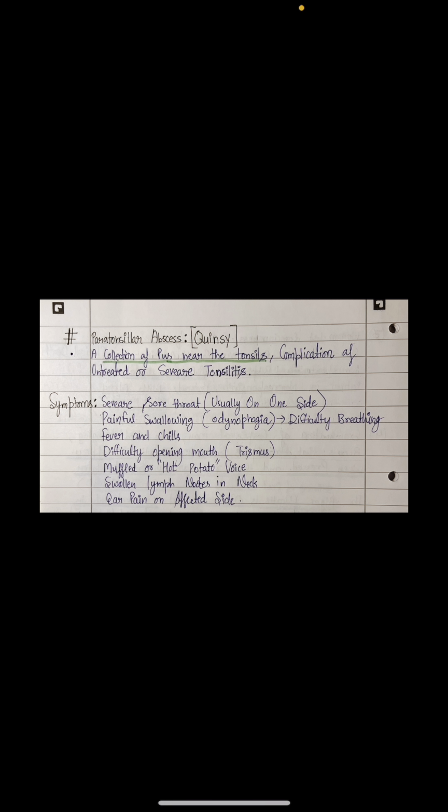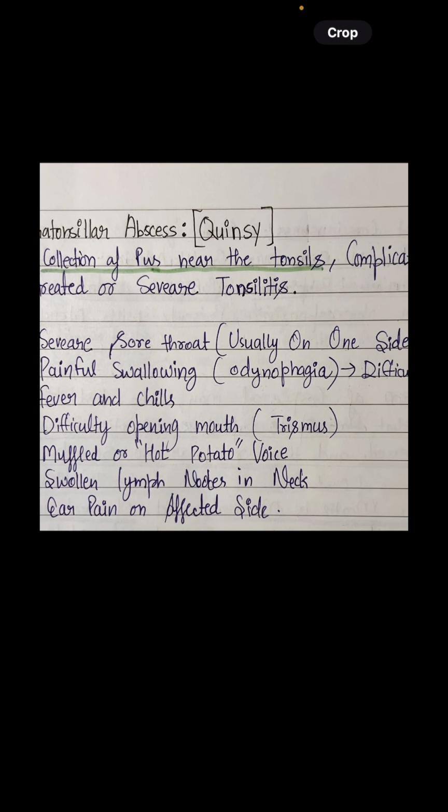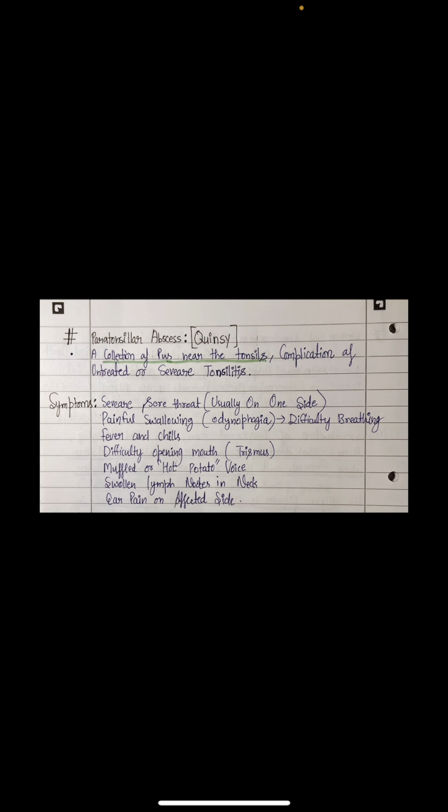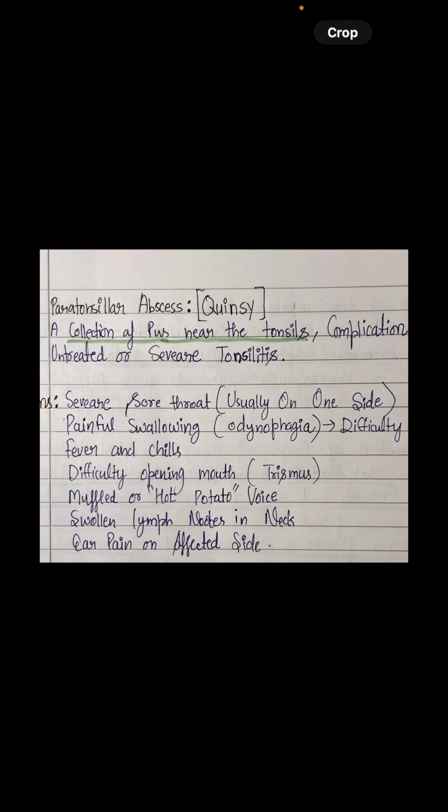Next is paratonsillar abscess, also known as quinsy. Let's define it: a collection of pus near the tonsils, a complication of untreated severe tonsillitis. Symptoms are sore throat, painful swallowing, difficulty in breathing, fever and chills, and difficulty in opening the mouth because the pus is in the tonsil area.